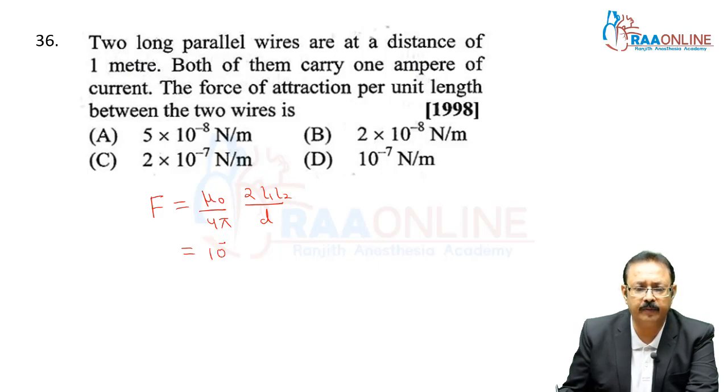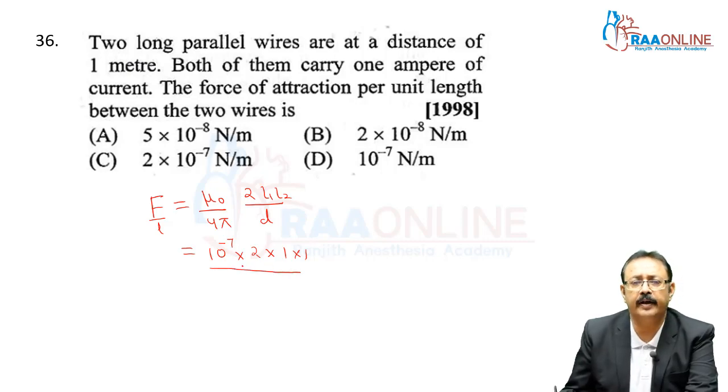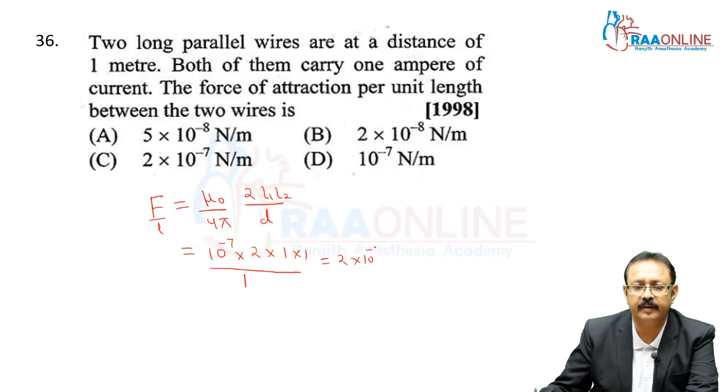It is 10 to the power minus 7. Both of them carry 1 ampere current. We want to calculate the force per unit length. Distance between the wires is 1 meter. So directly we are getting 2 into 10 to the power minus 7. Force per unit length means Newton per meter. So we are going with C.